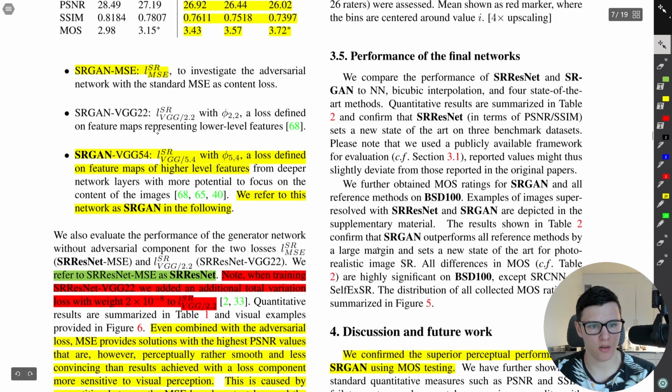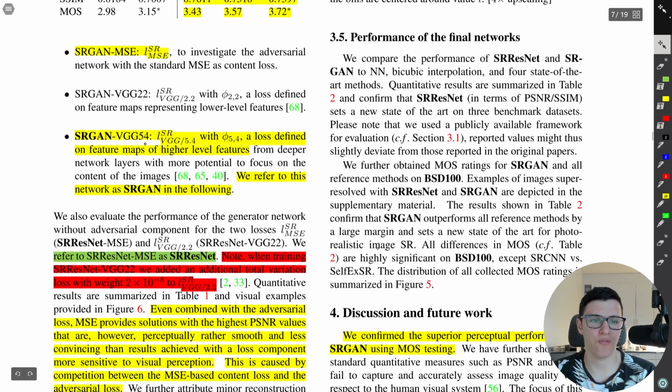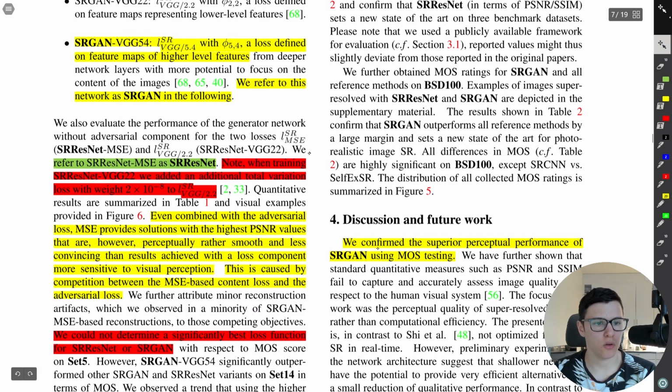And then they used SRGAN VGG54, so with this 5-4, which is basically deeper in the network. That is the best one, and they refer to this as SRGAN in the future. And then they also refer to SRResNet MSE as SRResNet.